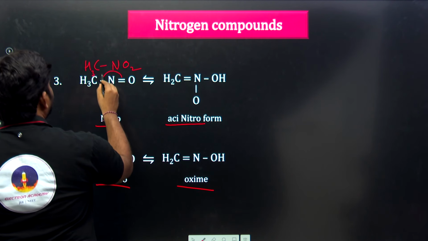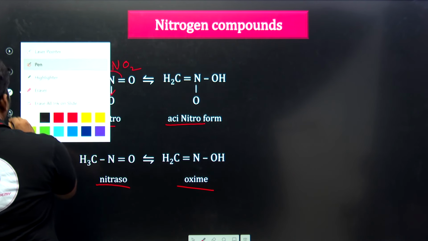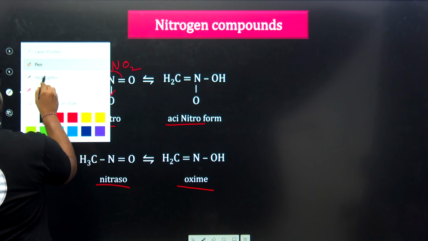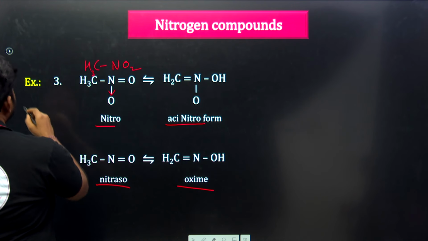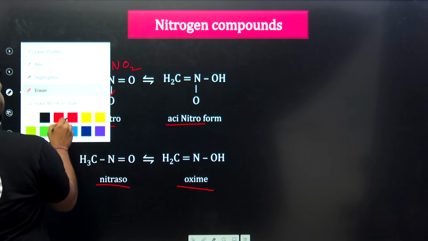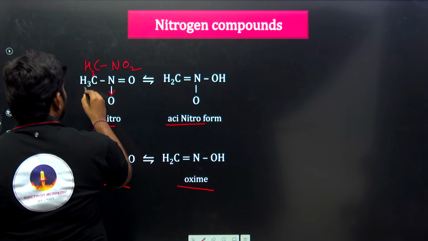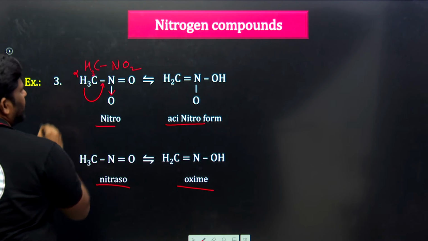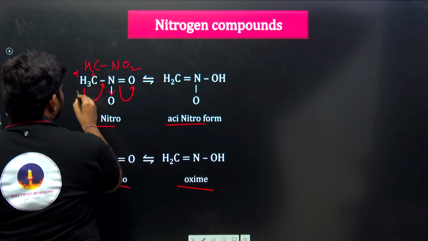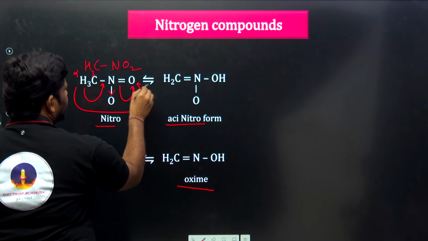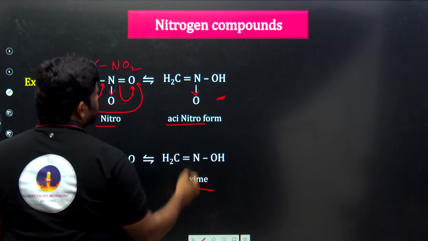This one will shift here, reverse here. Here the alpha hydrogen will shift here, this one will shift here, again this hydrogen connects here.